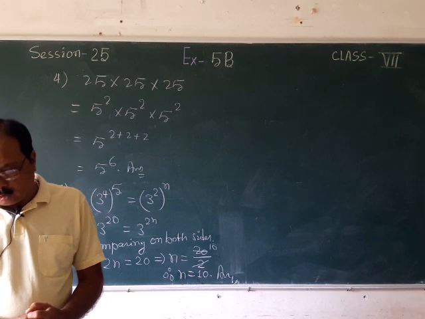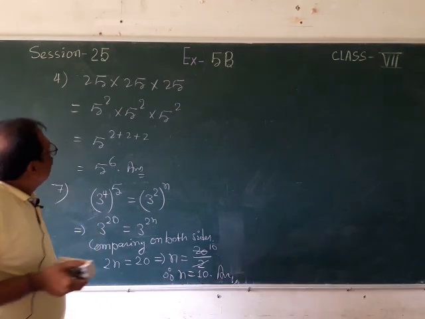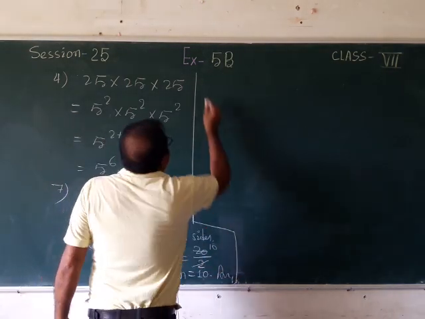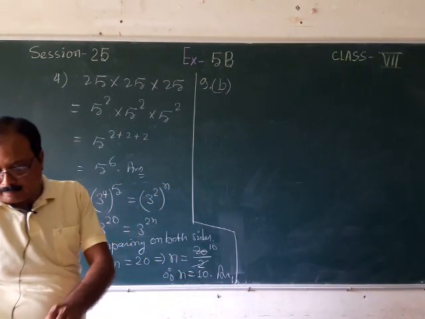One more question I am going to show you. This time I am going to take question number 9b. So just you see question number 9, then 9b. What is the question in 9b?